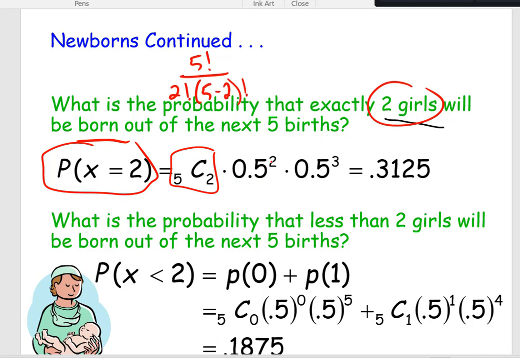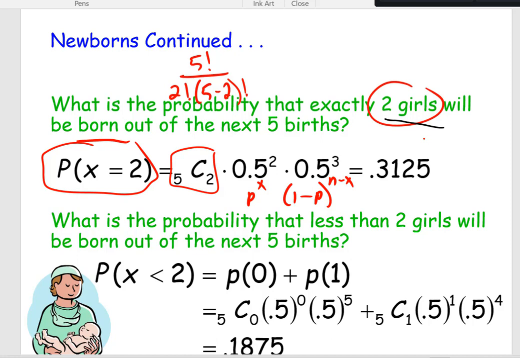The 0.5 squared, that's p to the power of the number of successes, so p to the x. The 0.5 here, that's actually 1 minus p to the power of n minus x. The 3 is we have 5 trials and we want 2 girls, so 5 minus 2 is 3. 1 minus p, if the probability of having a girl is 0.5, 1 minus 0.5 is also 0.5. So that's where those numbers come from.